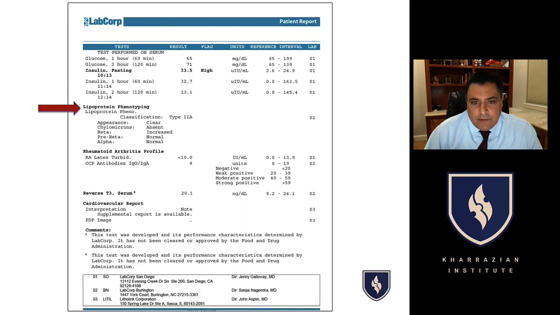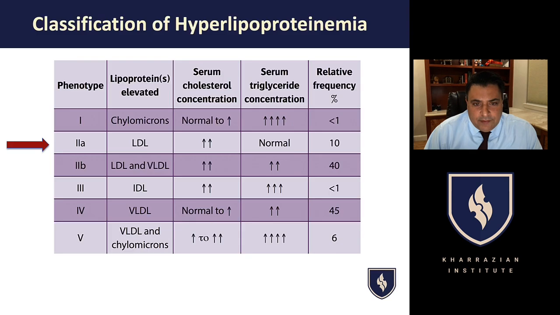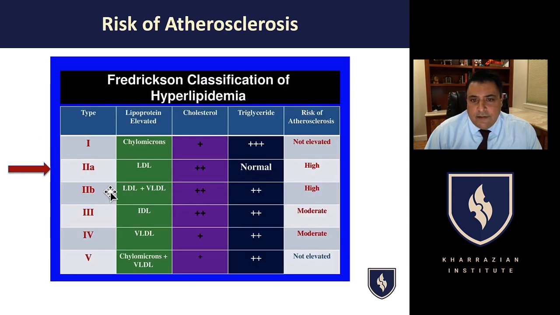When you look at their actual phenotype, this is a type 2A. So type 2A is definitely an increased risk. With type 2As, you have this significantly high risk, and this is an LDL receptor defect. So in this type 2A, the body's making LDL, the LDL receptors are not working, so the liver keeps making more LDL because it doesn't realize that there's enough of it in circulation.